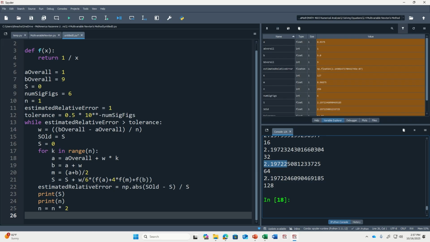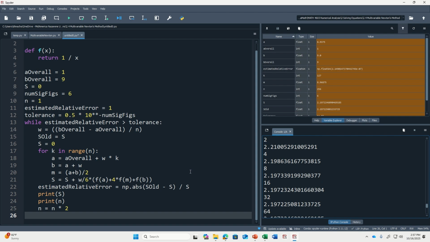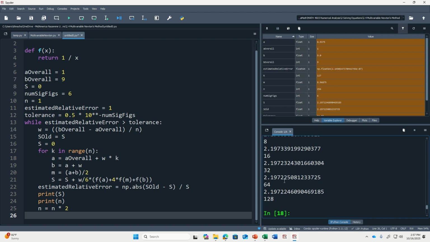So we really needed the full 128 subintervals to get to the right 6 significant figures there. That's way more than I was expecting, honestly, because I thought Simpson's rule was supposed to be really good at doing this. It should be, right? Like the error should be decreasing by a factor of 16 every time.